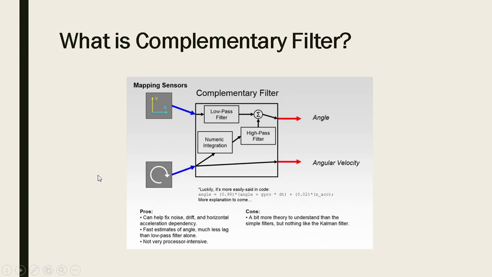The complementary filter is very easy to implement, very optimum, very lightweight, but it's not as good as Kalman. The difference between the complementary filter and the Kalman filter is that this gain, for example here 0.98, is calculated in real time as the optimum gain by the Kalman filter. But in the complementary filter, this gain is always constant.